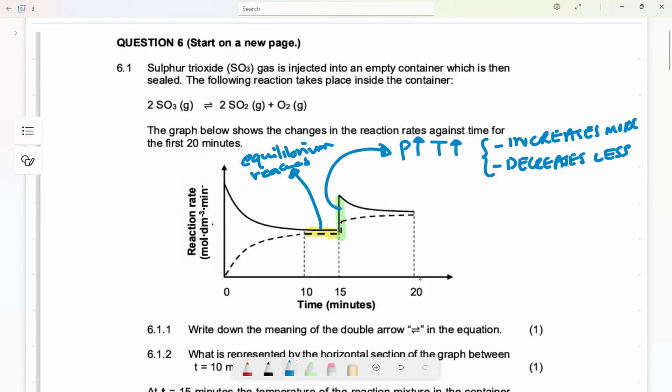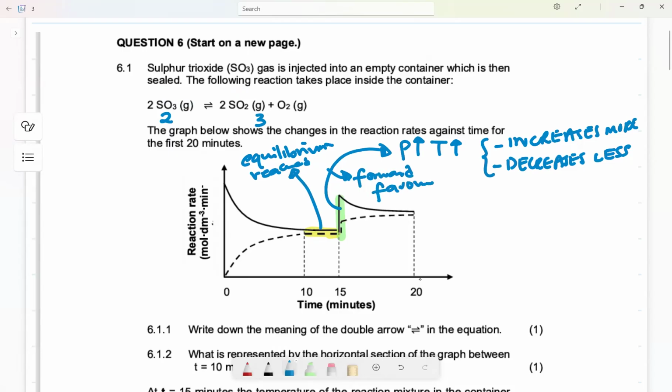The solid one is the forward reaction. Here is 2 moles, here is 3 moles. If there is an increase in pressure, which one will be favored? The reverse. But in this case, that's not the case. The forward is favored here.